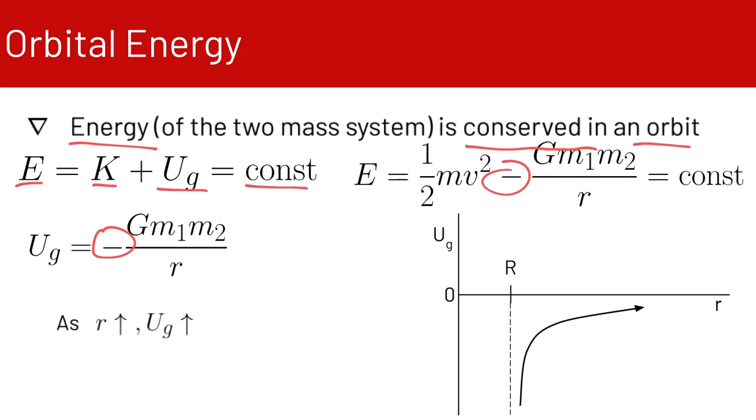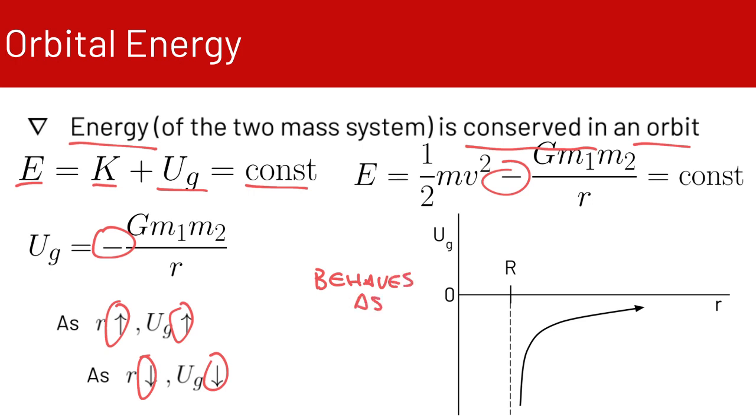So as R increases, potential energy increases. And as R decreases, potential energy decreases. So here we can see in the graph, it looks like the graph behaves as -1 over x.